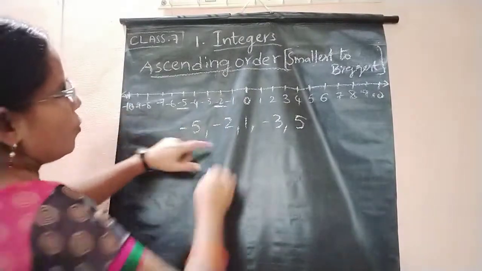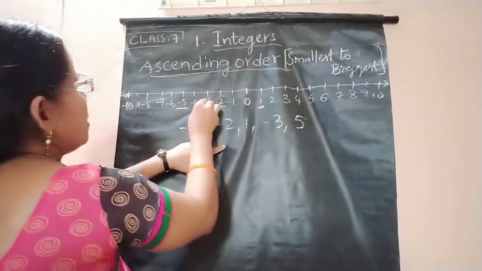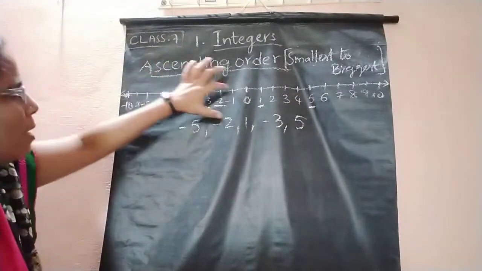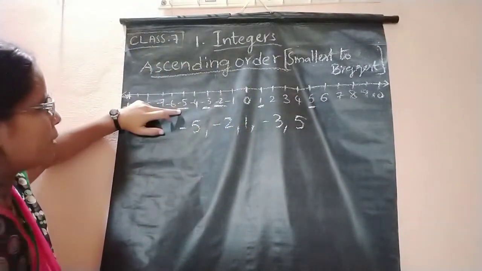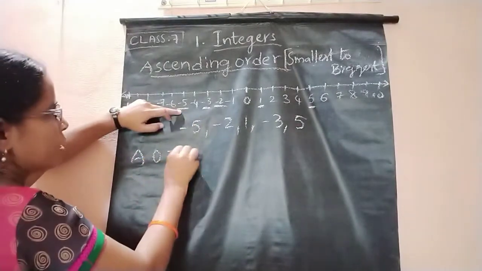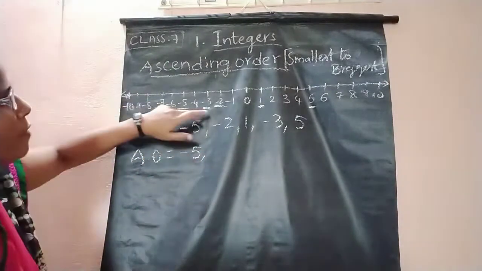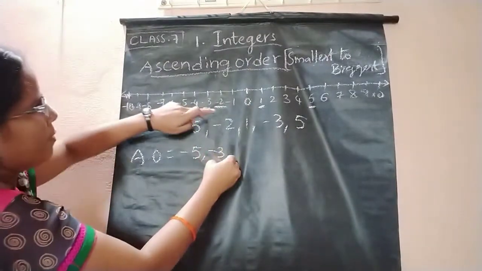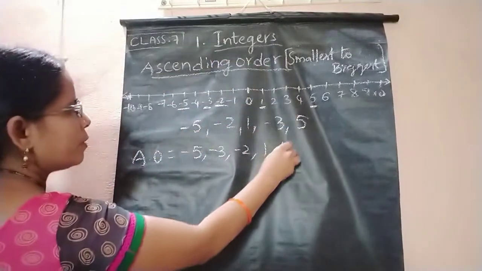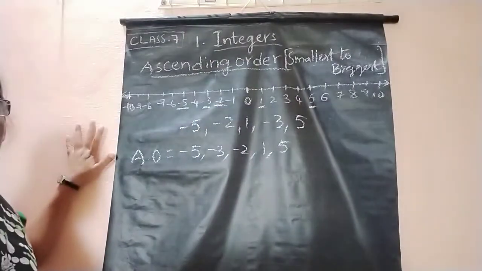Minus 2. 1 here. Minus 3 is here. 5 is here. On this number line, which is the first in ascending order? Minus 5 is the smallest one. After it is minus 3, after it minus 2, after it 1, after it 5. This is the ascending order.